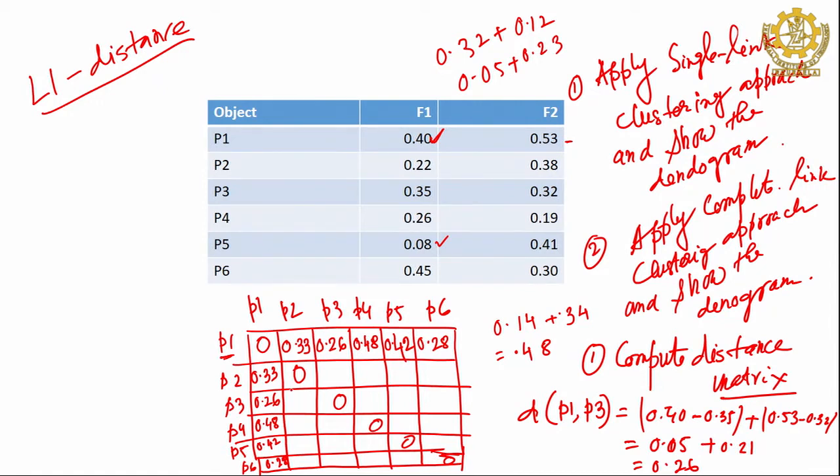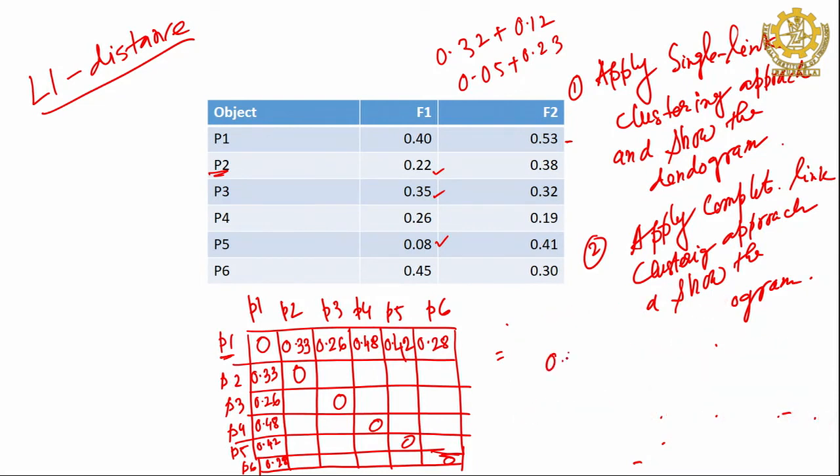Next, P2 to P3. Yes, any problem? P1 P5 is, P1 is 0.40, 0.08. So, this is 0.32 plus, so this is the distance from P1 to P5.